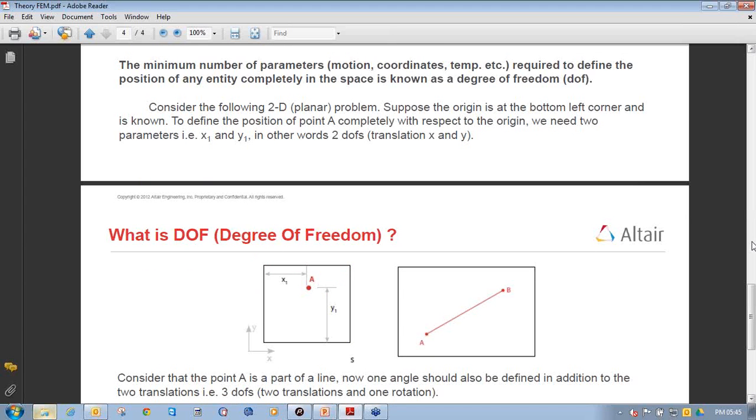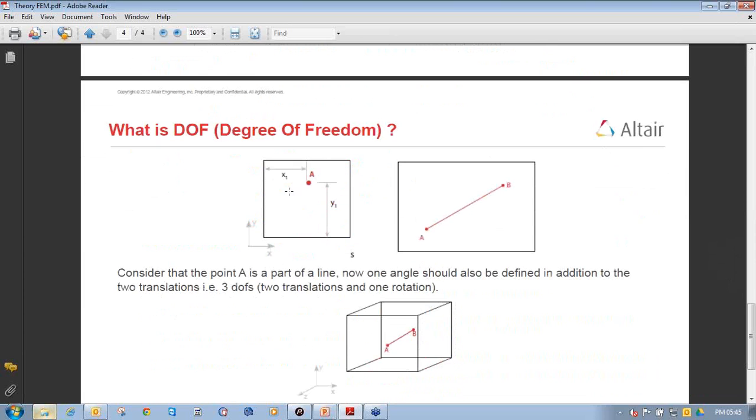In terms of FEM or FEA, we can say 2 degrees of freedom, that is translation along the x-axis and translation along the y-axis. So to define point A completely in space, we require 2 degrees of freedom.